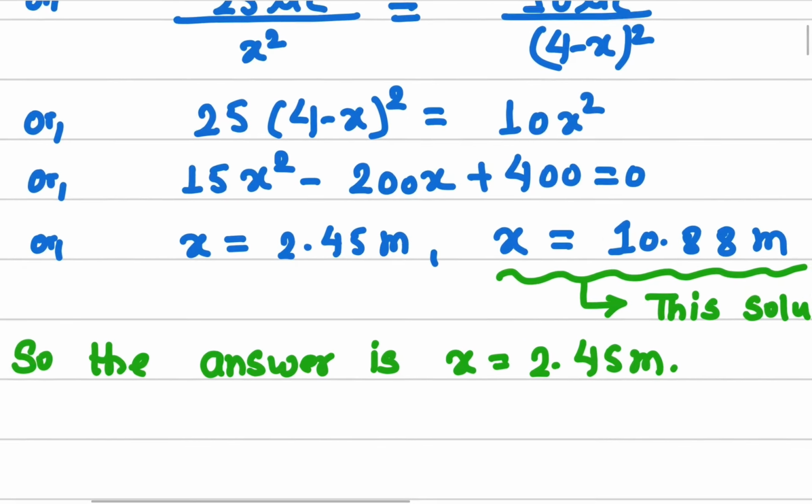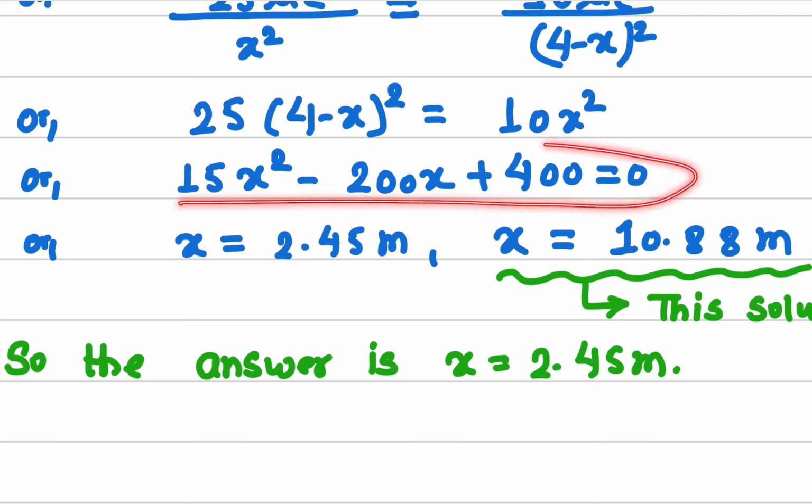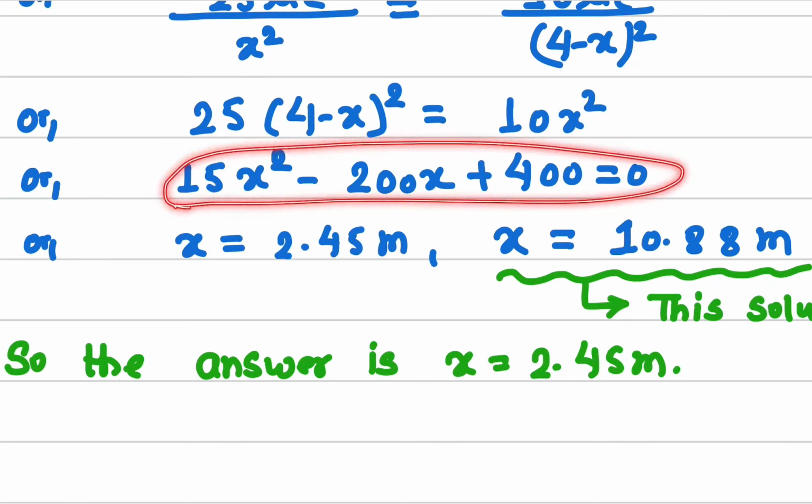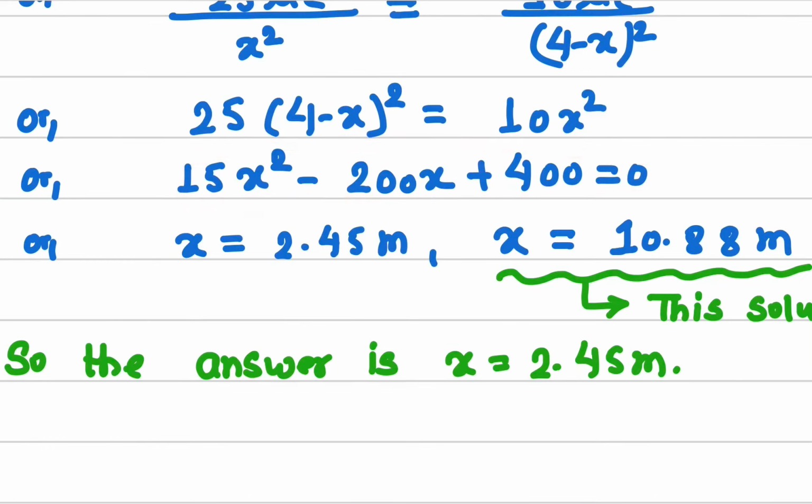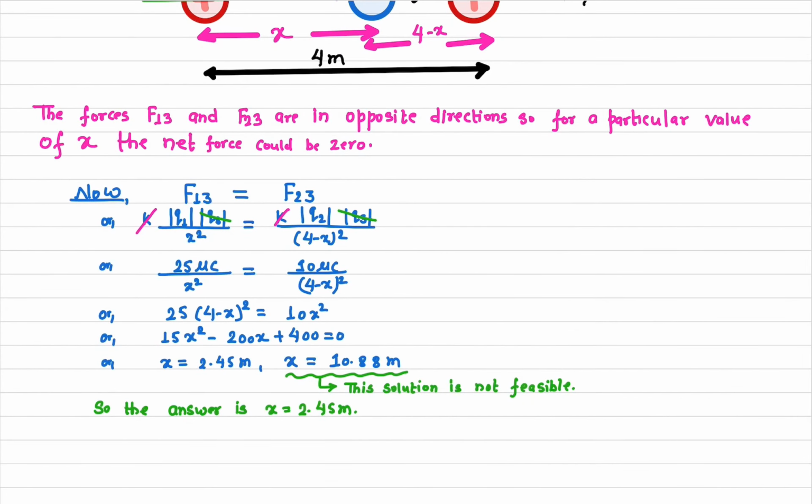If you square, multiply and simplify, you will get this equation. So this is a quadratic equation. A quadratic equation has two solutions. One solution is 2.545 meter, and the other solution is 10.88 meter.